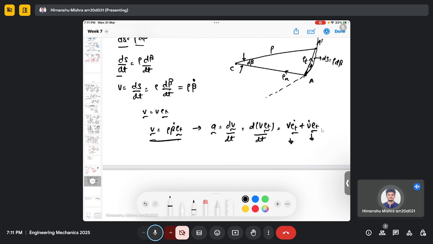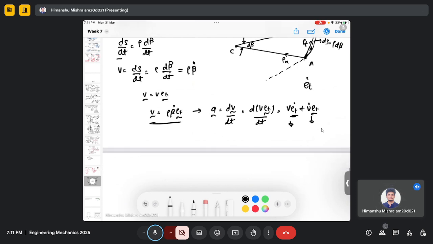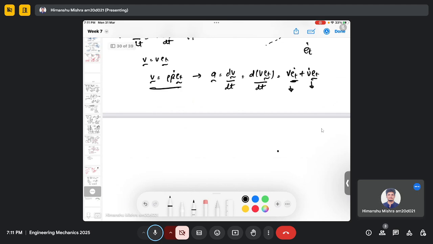In order to understand this et dot quantity, let's say we have a direction et, and it gets changed to et dash, and this is my change, which is d et, and this is the angle d beta.